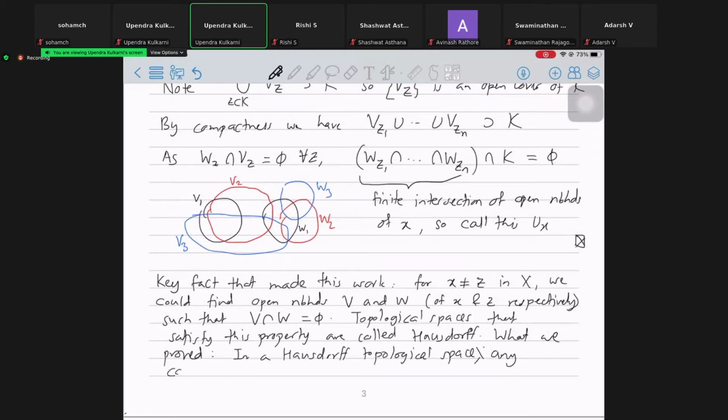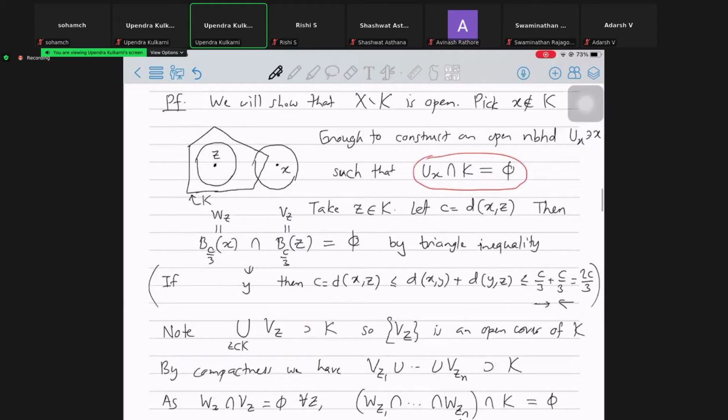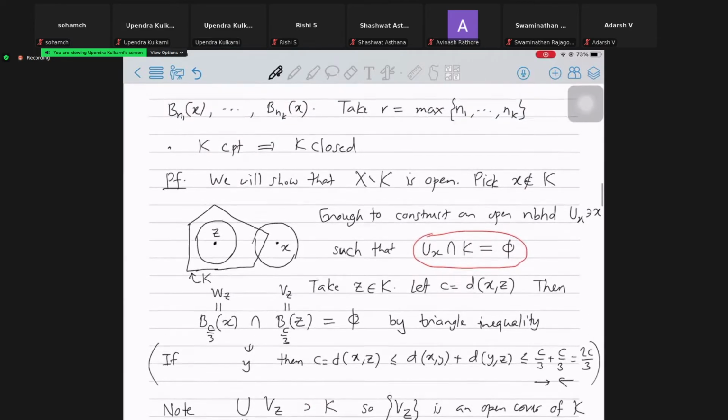In a Hausdorff topological space, any compact subset K is... okay, what were we proving? Closed. K is closed.